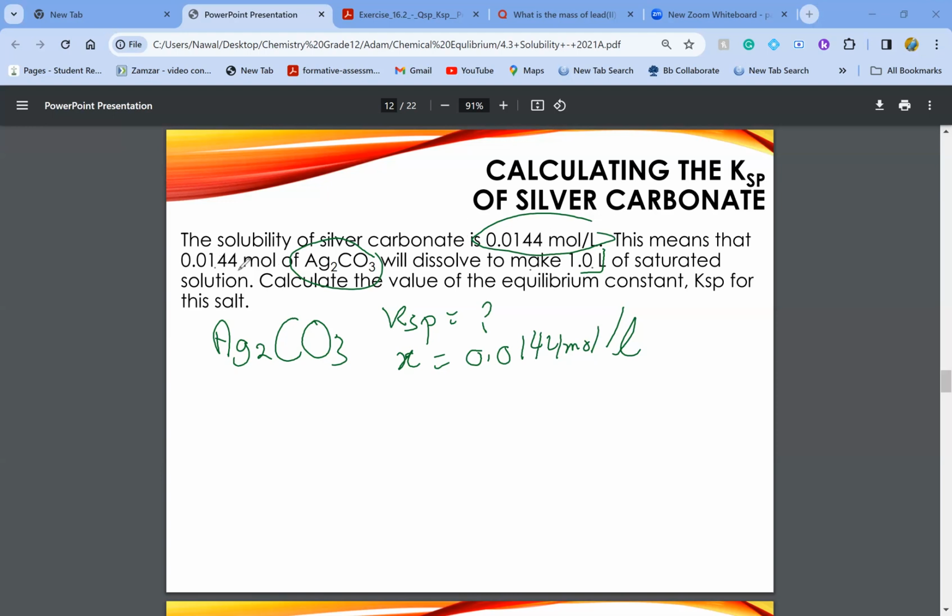Don't think that this is some new given. Of the saturated solution that we have, we have this much in 1 liter. Calculate the value of the equilibrium constant. What is this? It's the same one. Is there any difference? No, there's no difference.